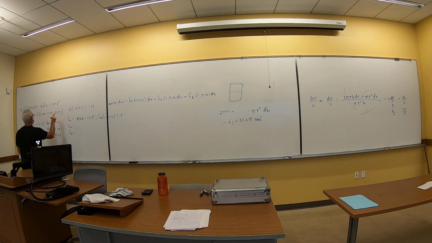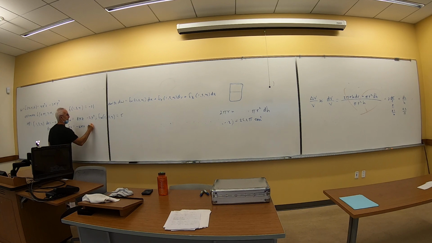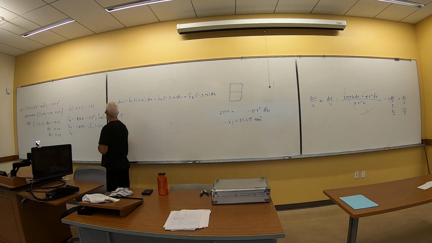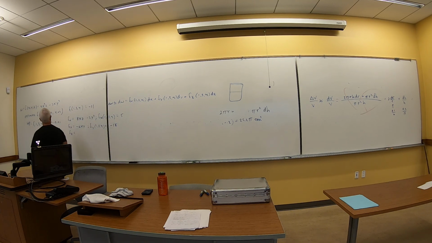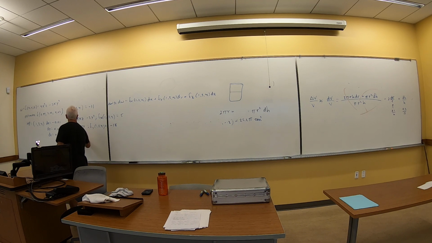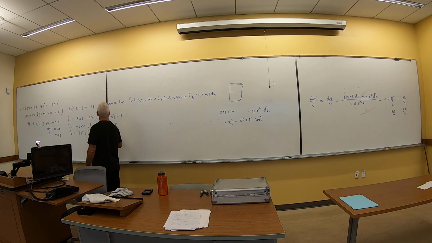All right, partial with respect to y: negative 6xy. Now evaluated at 1, 3, 4, negative 18. And finally, the partial with respect to z, 4x squared. So that evaluated at 1, 3, 4, well, that makes it kind of easy. It's just going to be a 4.